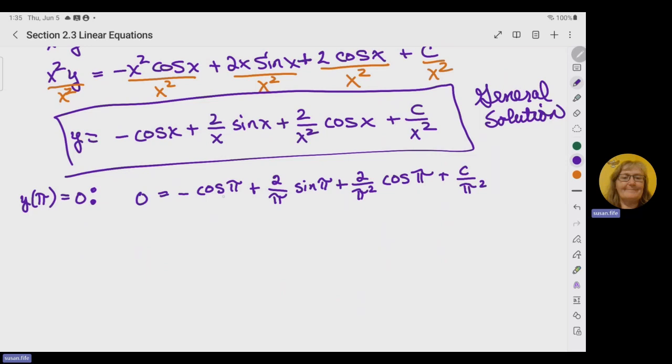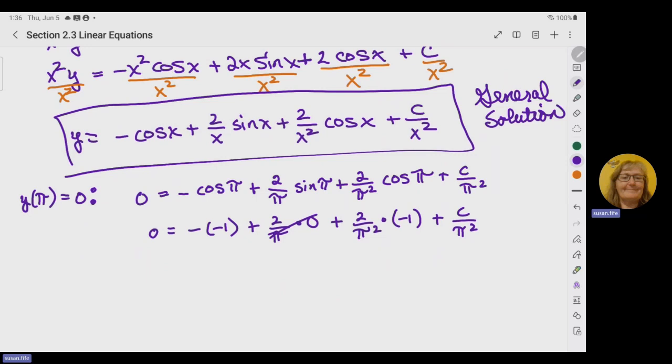So let's see. Cosine of pi is negative 1. Sine of pi is 0. So this term drops out.